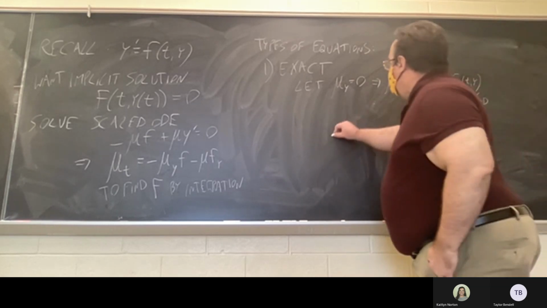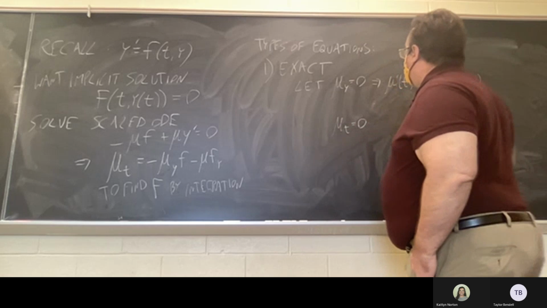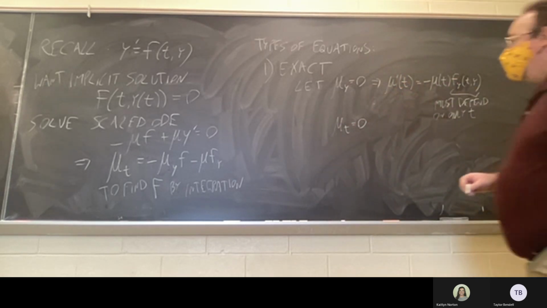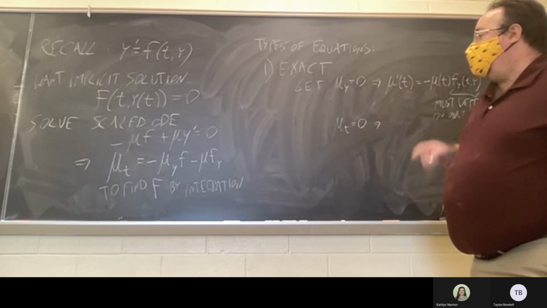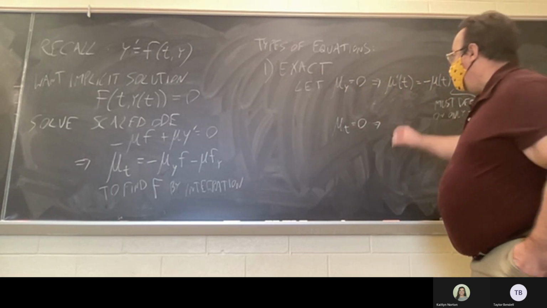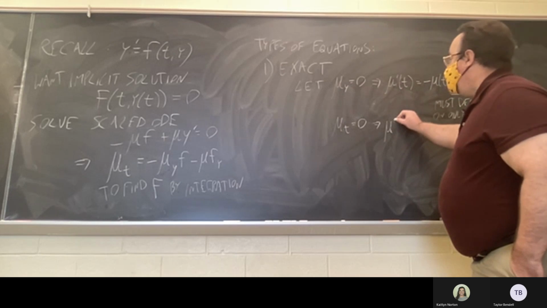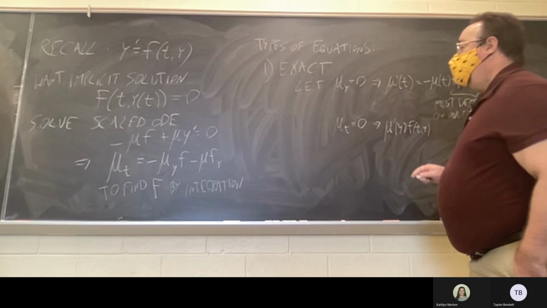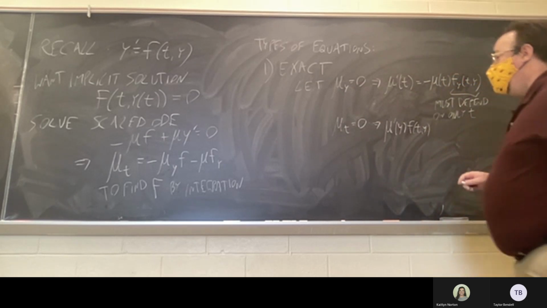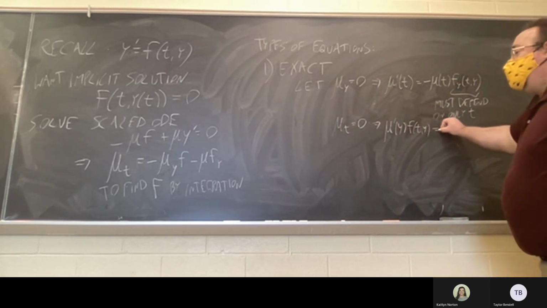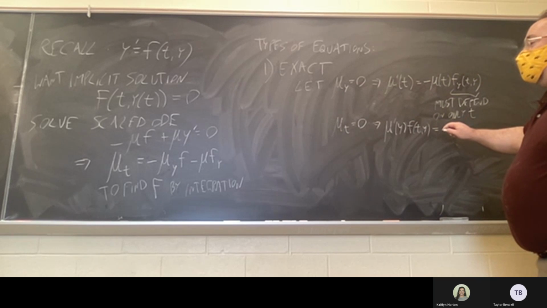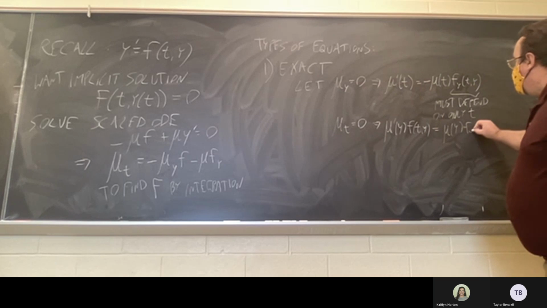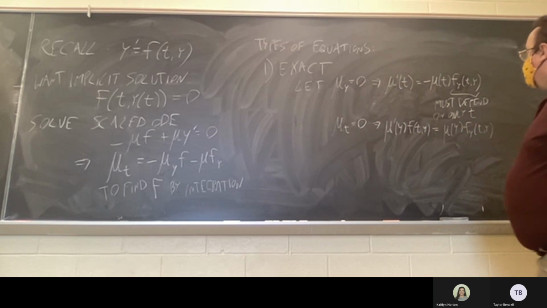Similarly, suppose mu t is equal to 0. Similar idea. Then the left side of that equation is going to disappear, and I have mu prime of y times f of t, y must be equal to mu of y times fy of t, y.